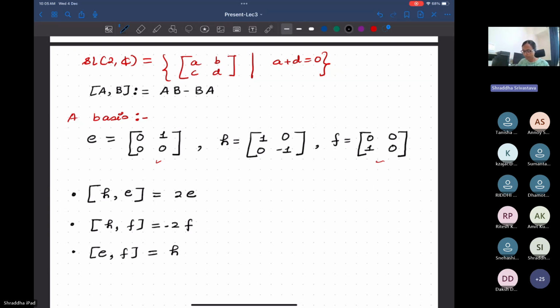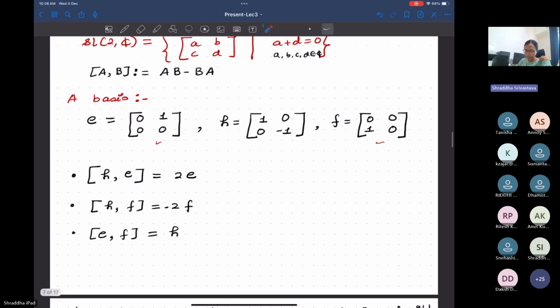So here are some facts. This is recalling; we have been seeing this at least in tutorials or previous lectures. SL2C consists of all 2 by 2 matrices over the field of complex numbers such that the trace is 0. And the commutator is AB minus BA.